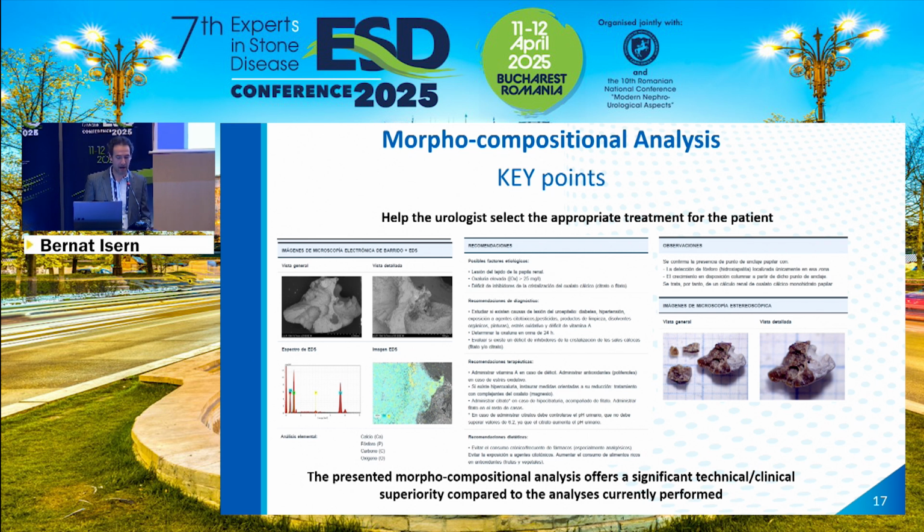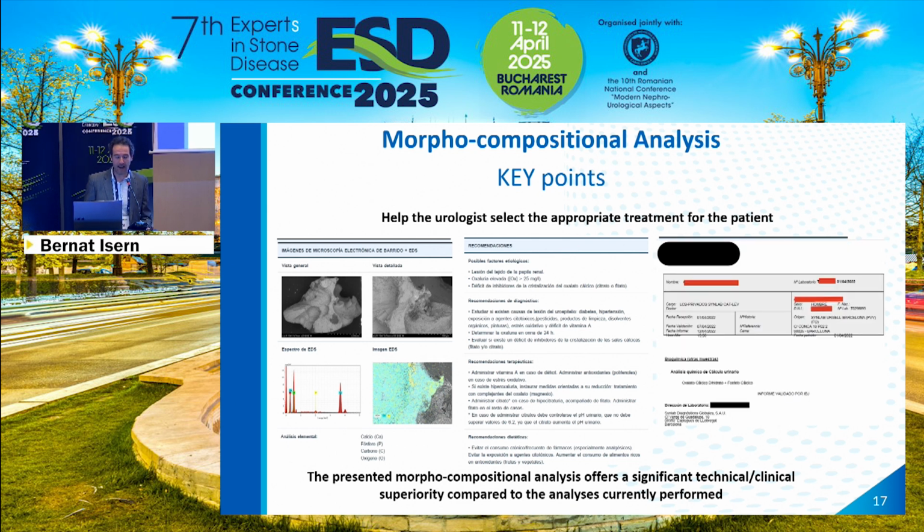In addition, it provides highly accurate information about the kidney stone, showing significant technical and clinical superiority over the other options currently performed, which primarily only indicate the predominant component without providing any other detail.